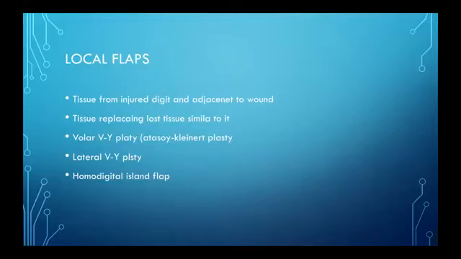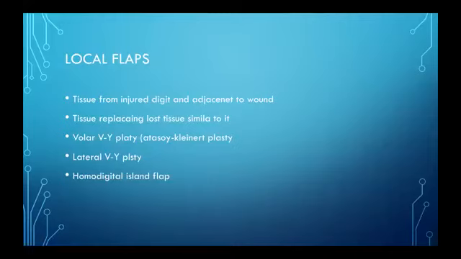Local flaps: there are many options that you can use. This is tissue from the same injured finger and adjacent to the wound, so the tissue replaces lost tissue with similar tissue. The one that I find very handy is the VY plasty, also called the Atasoy flap.